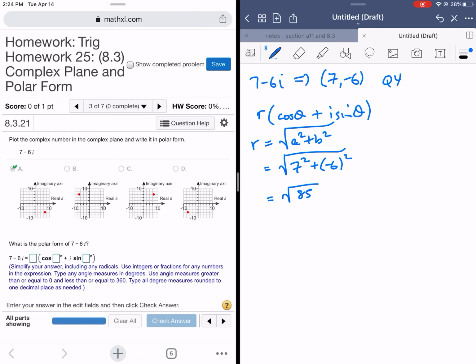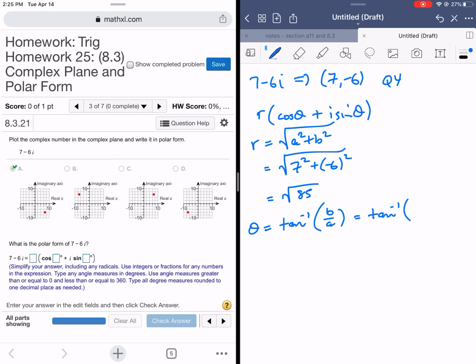Now you'll need to make sure that you simplify that radical if possible. It just turns out that there are no perfect squares that go into 85, and so the square root of 85 is already simplified. Now, in order to find theta, our formula is tan inverse of b divided by a, where b is the imaginary part and a is the real part.